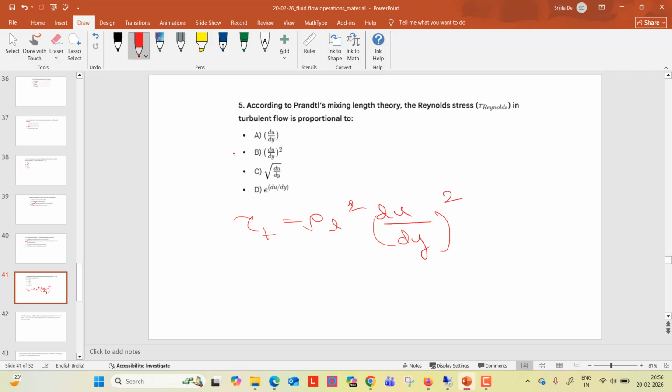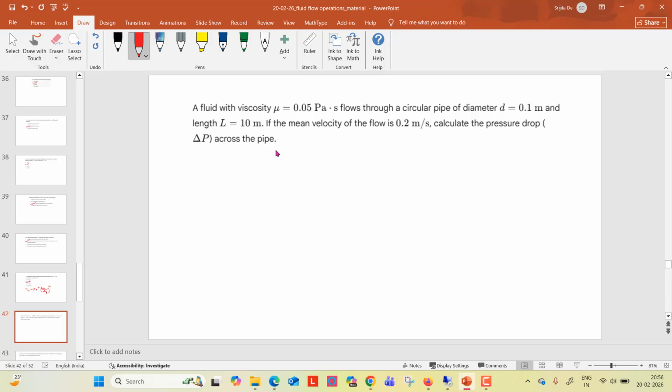Next, a fluid with viscosity mu flows through a circular pipe of diameter d and length L. If the mean velocity is given, calculate the pressure drop across the pipe.